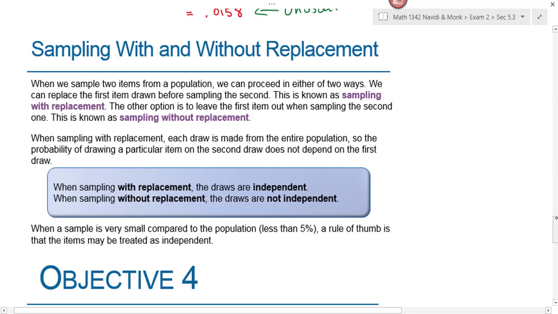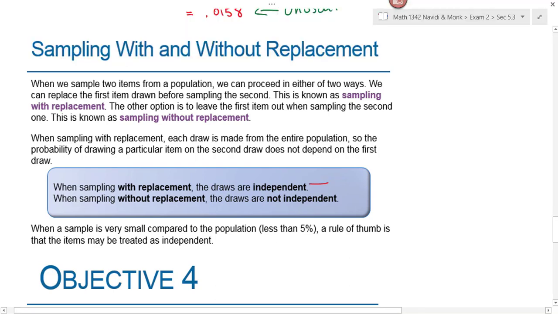Sometimes we are interested in finding probabilities when we do sampling either with or without replacement. So when we sample 2 items from a population, we can proceed in one of 2 ways. We can either replace the first item drawn before we pull the second item, in which case that's sampling with replacement, and that is an independent thing.